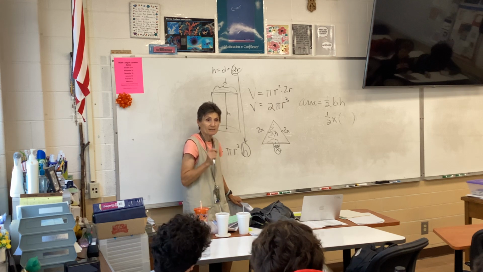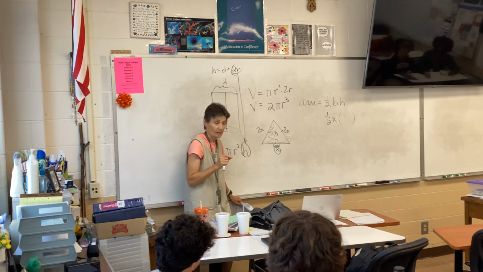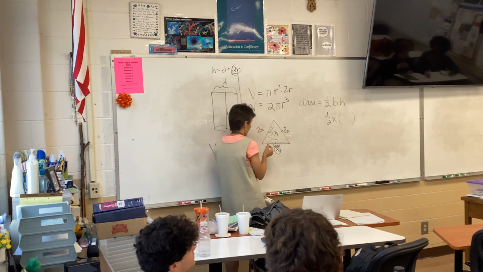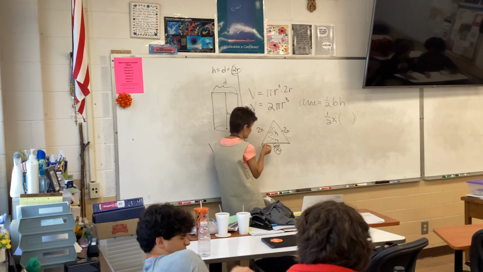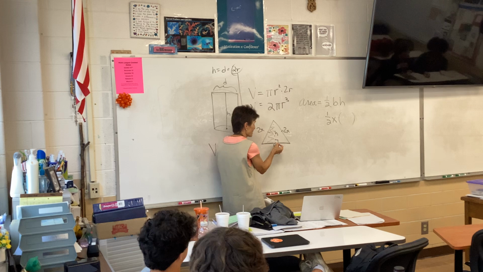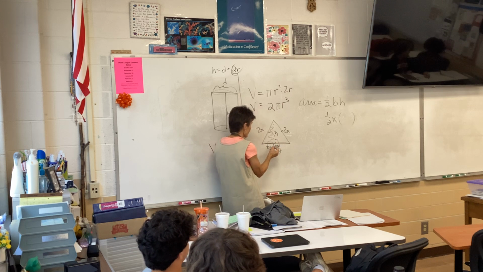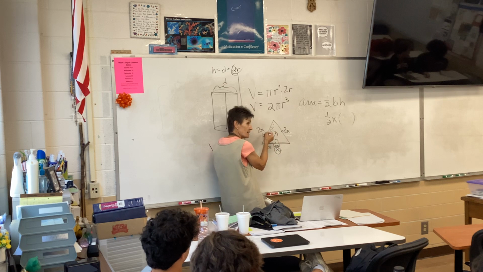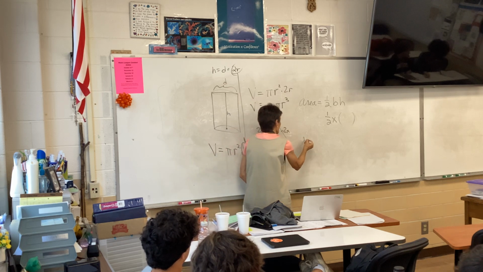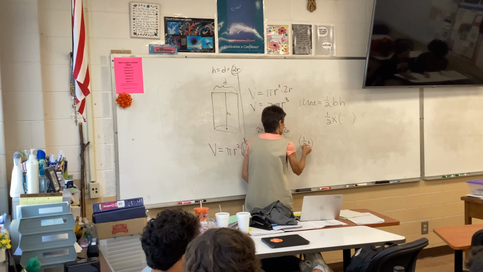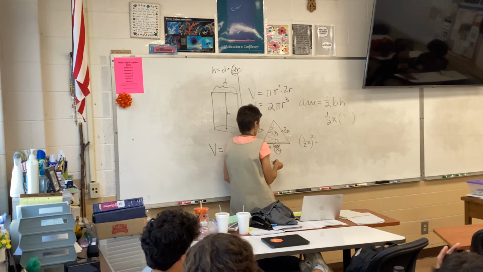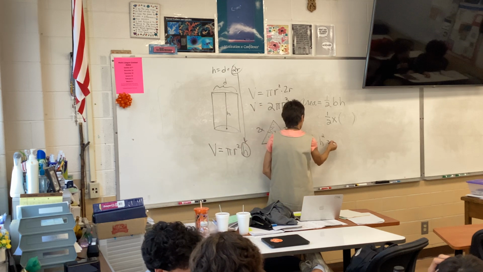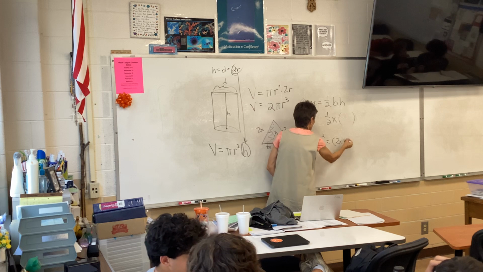A squared plus B squared equals C squared. So, what do I know about the length of this? Now be careful, how long is this? 1/2 x. And that is h, and that is 2x. So 1/2 x squared plus h squared equals 2x squared.